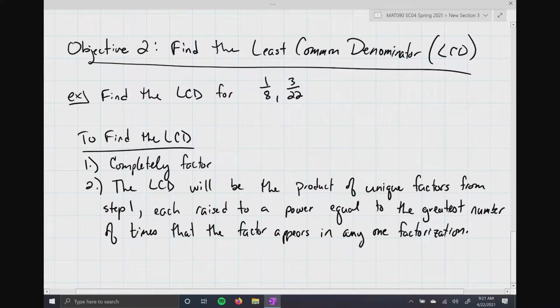So I'll give you a minute to write that down. Like I said, it's a little wordy, but once I show you it, it's like, oh, I see what he was trying to do.